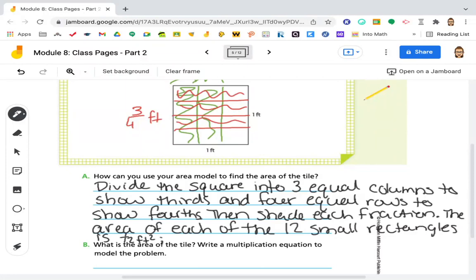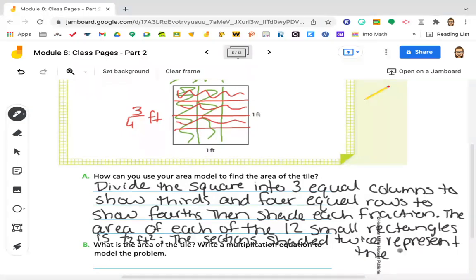And the sections shaded twice represent the area of the tile.